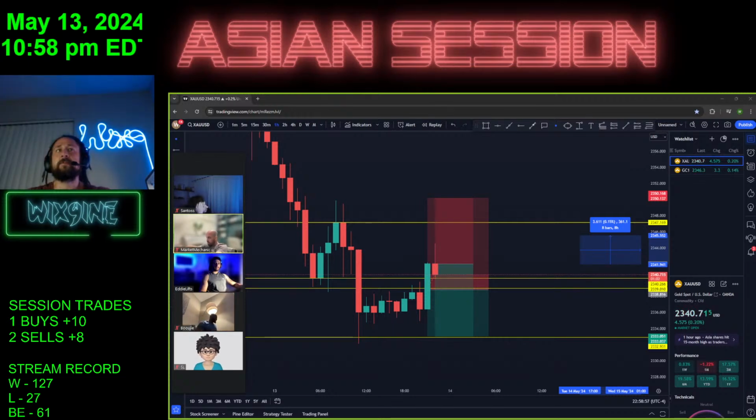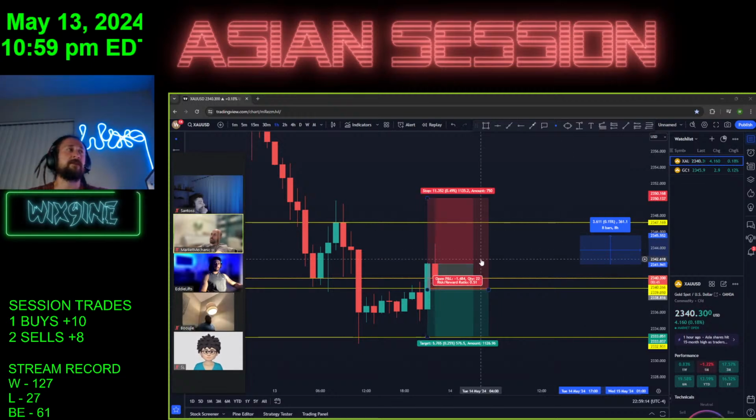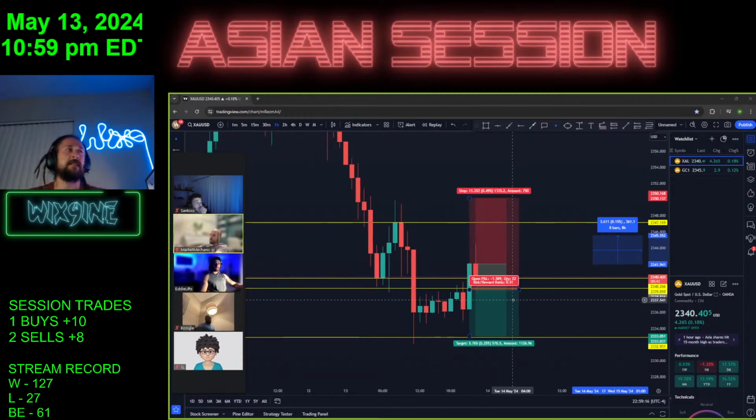This position technically paid me more money than these buys right here for plus 10, because that was a half closure. This is a full closure. Chat, I hate justifying the trade and giving all the reasons during a trade, because it always feels like making an excuse for why I'm still in here as it's driving against us.